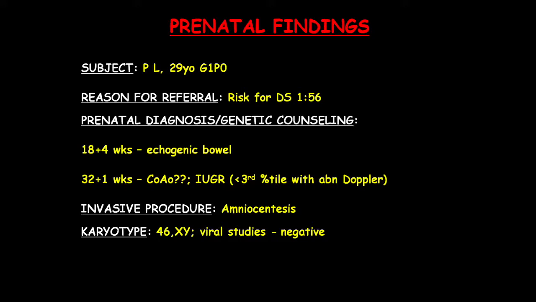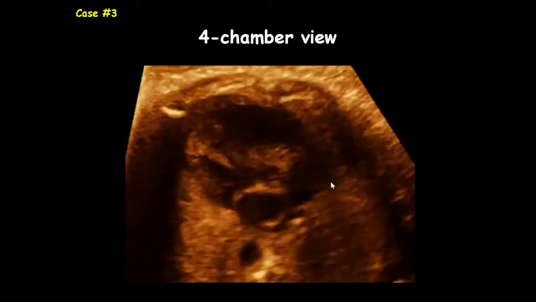This is something to keep in mind: if you had a normal screen at the mid-second trimester and you suspect coarctation in the third trimester, most likely this is a false positive result, and the reversal flow you can see in the isthmus is most likely related to the other problems.